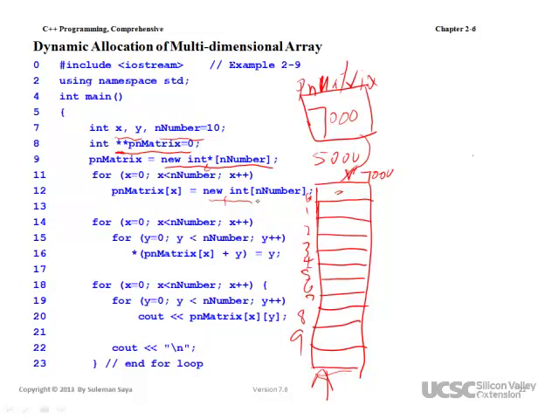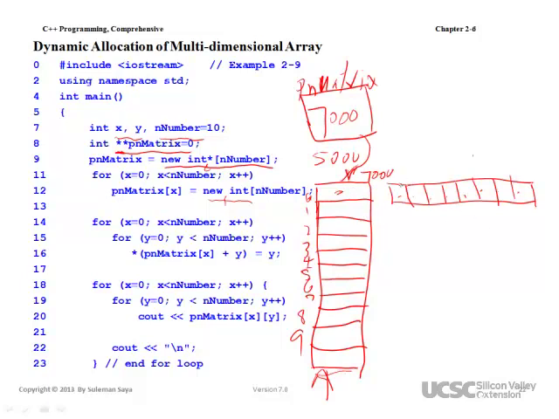So when we come to line number 12, we are allocating an array that is going to hold the data. Each element of the array will hold some integer data, because it's an integer array.